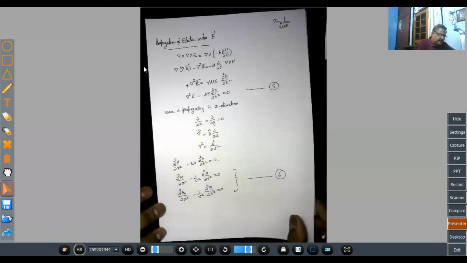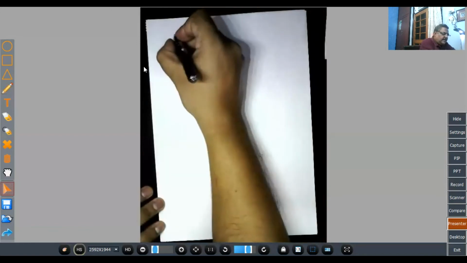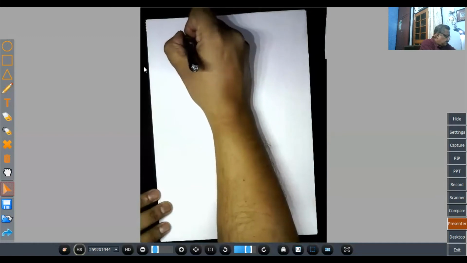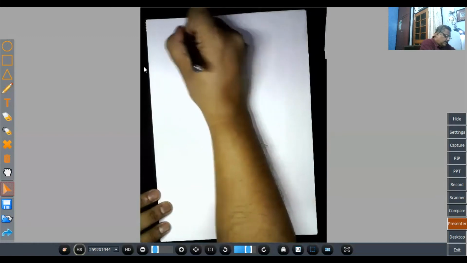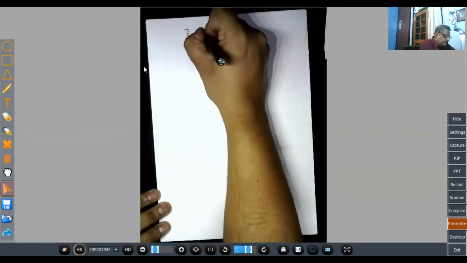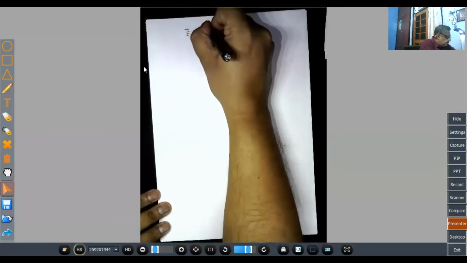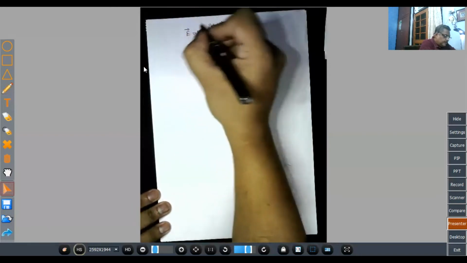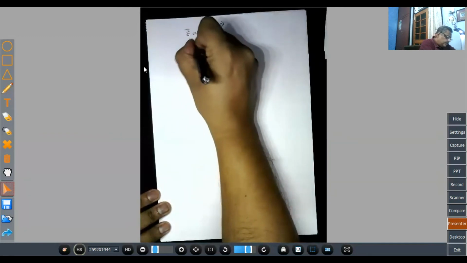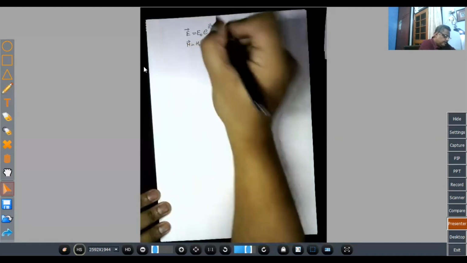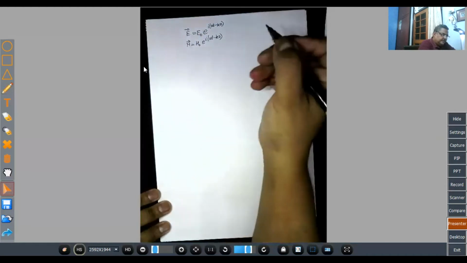Now we assume that the two vectors, the electric and the magnetic vectors, which are traveling in the z direction, are plane waves.